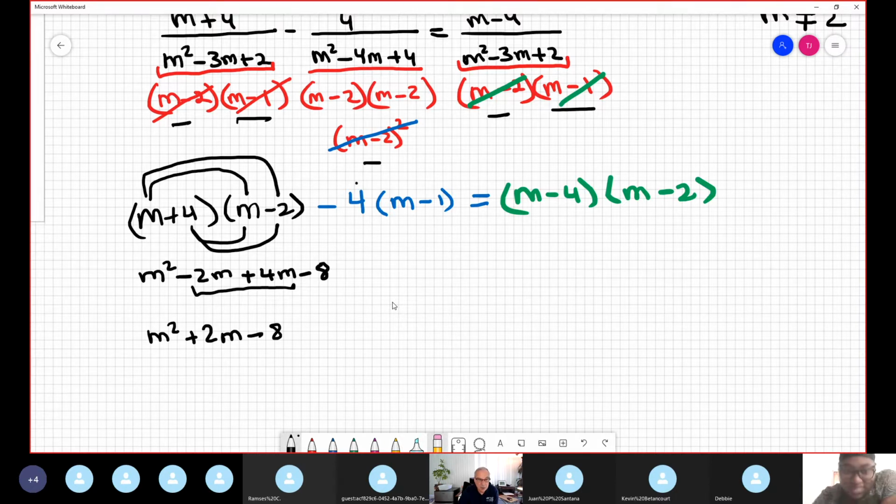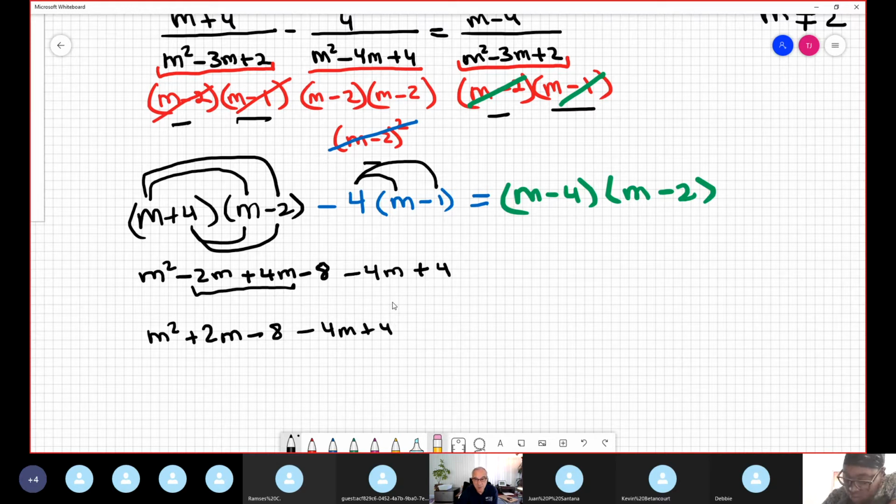Keep going. Negative 4 times m minus 1, this is a binomial and a monomial, so no FOIL, it's just distributed. So minus 4m plus 4.